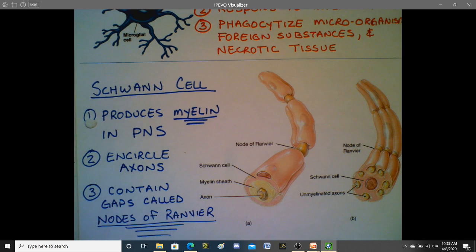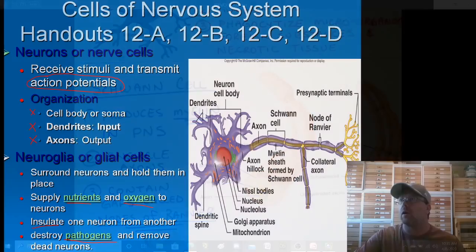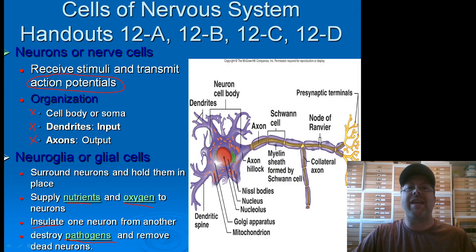And so these Schwann cells are going to be producing myelin in the peripheral nervous system. Okay, so that takes care of our glial cells. All right, so now we have the basics to the nervous system. We have the major cells, we have the major subdivisions, and so we're going to move on to the next part of the chapter here for our next several videos.